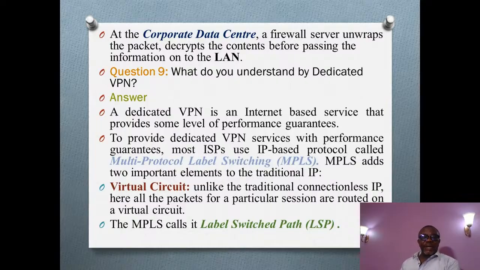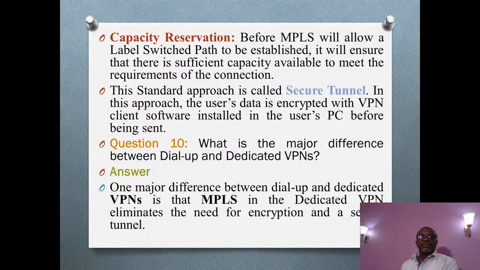Now, the MPLS calls this a label switched path. At the time it is acting, that path is labeled. After that, it disconnects. So it also does capacity reservation. For the dedicated VPN, there is what we call the capacity reservation. Before MPLS allows a label switched path to be established, it will ensure that there is sufficient capacity available to meet the requirements of the connection.